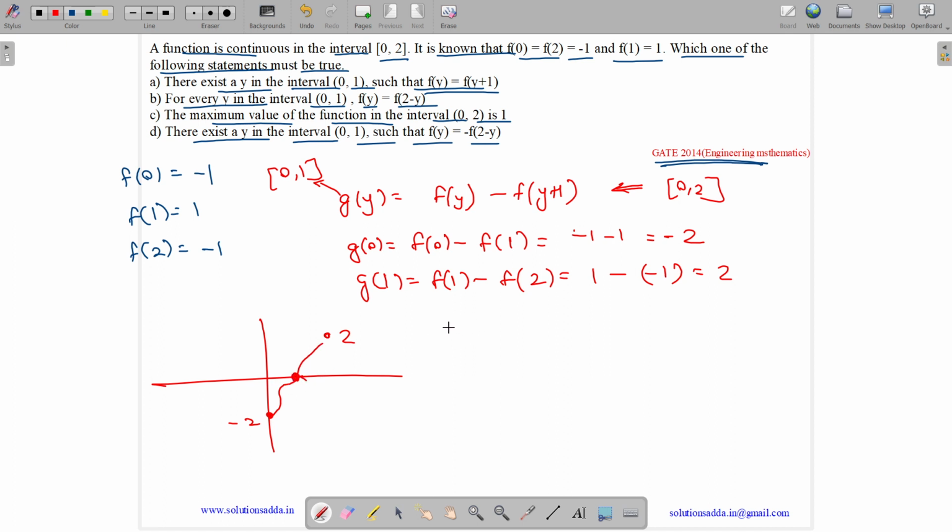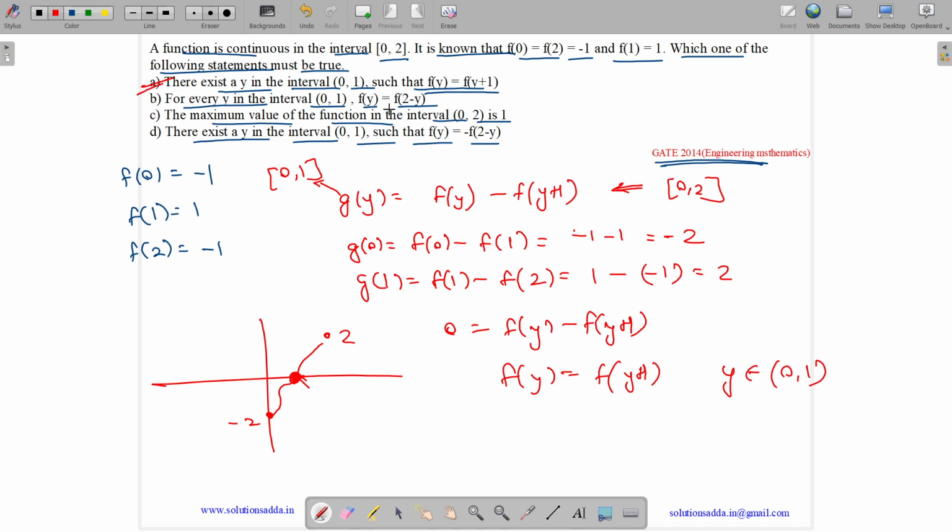So let us find that point. For that, g(y) is 0, then f(y) minus f(y+1) is 0. So we get f(y) equals f(y+1) for some y belonging to [0, 1]. Within this range, there will be some point for which it will be equal to 0. So option A is correct.